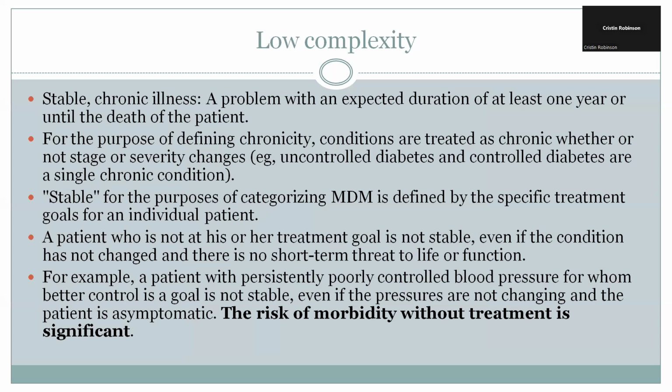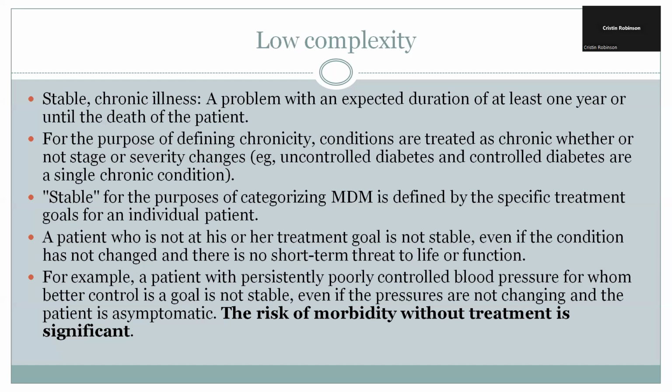Okay, so let's get a little further into low complexity. So a stable chronic illness. This is a problem whose expected duration is at least 1 year or until death of the patient. Okay, so as long as they have it for the rest of their life and they're being treated for it, it will continue to be a chronic illness.